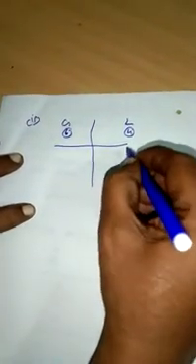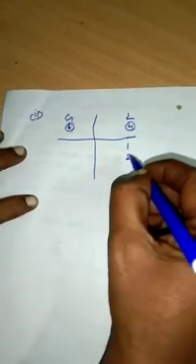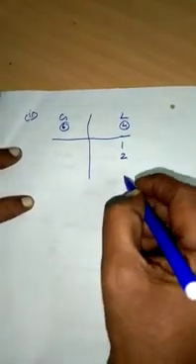And second question is at most 2 ladies. At most 2 ladies means 0. That is gents and ladies. There are 6 gents and 4 ladies. At most means 1 lady and 2 ladies and 0 lady.